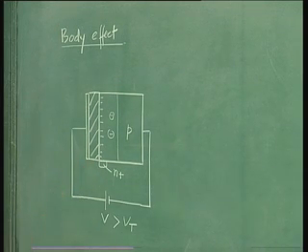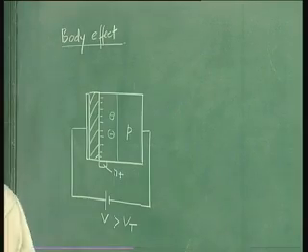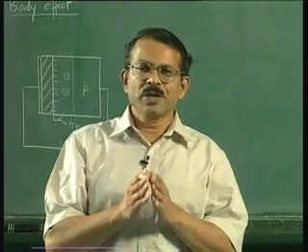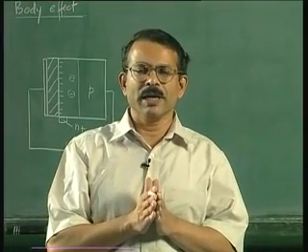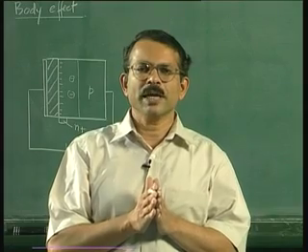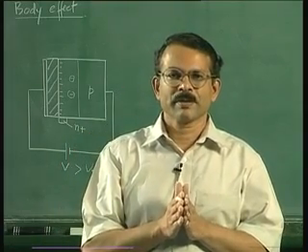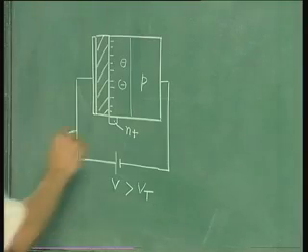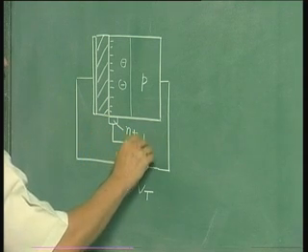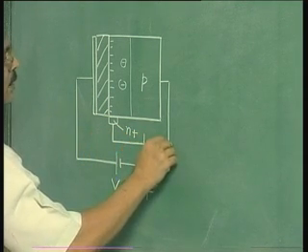Now, what we want to study is what will happen if you change the potential of the inversion layer of electrons by applying a voltage to the N plus contact. So here we apply a voltage with respect to the bulk.